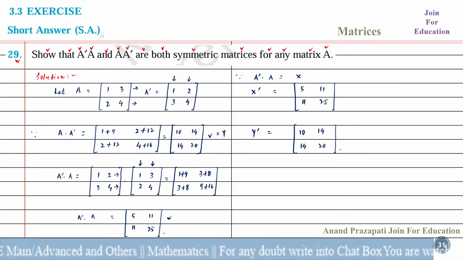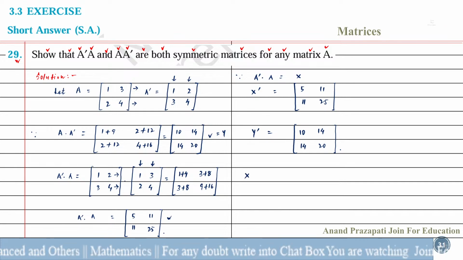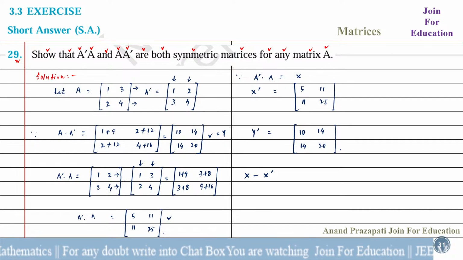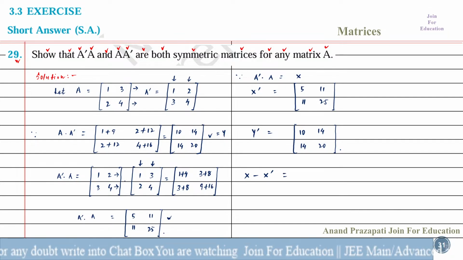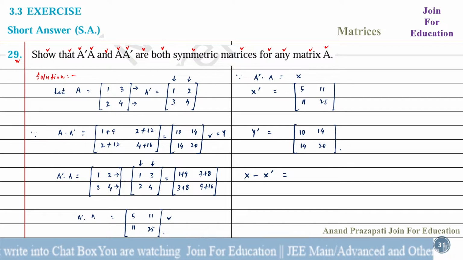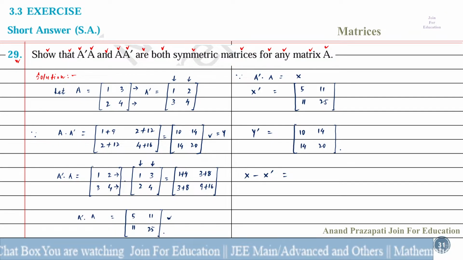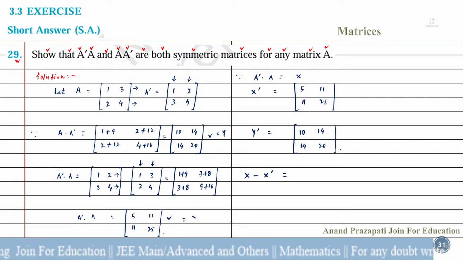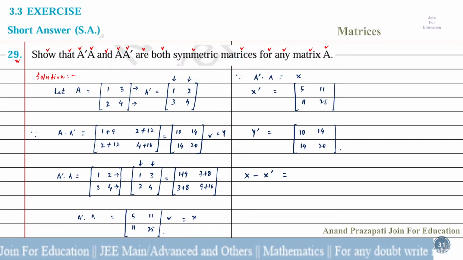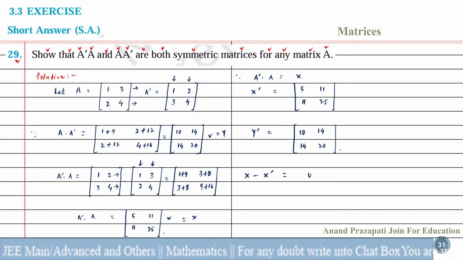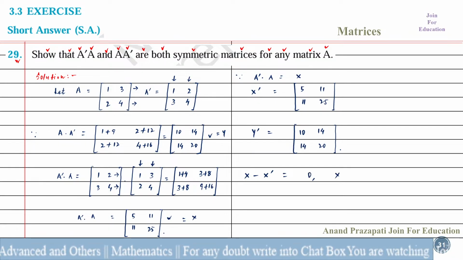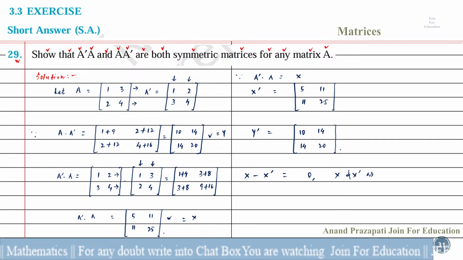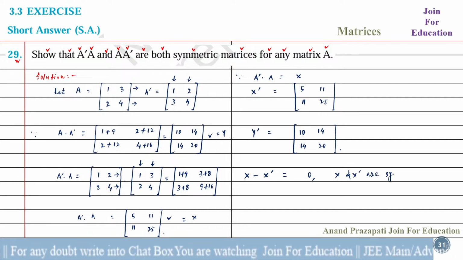So let's see here, X minus transpose of X equal to, let's see what will be this one. So this is the X, then we get 0, therefore X and transpose of X are symmetric.